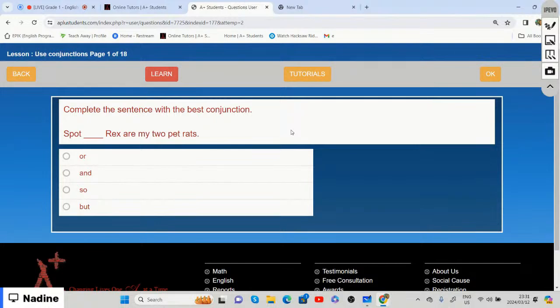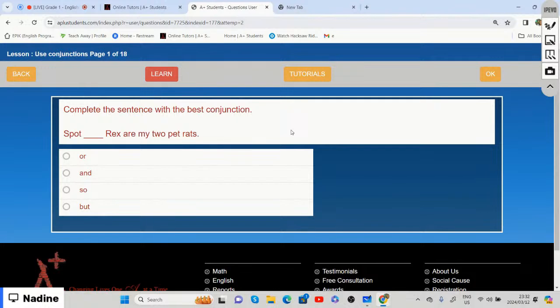So we're now going to be doing the test. All right, so if we complete the sentence with the best conjunction, it says Spot Rex are my two pet rats.